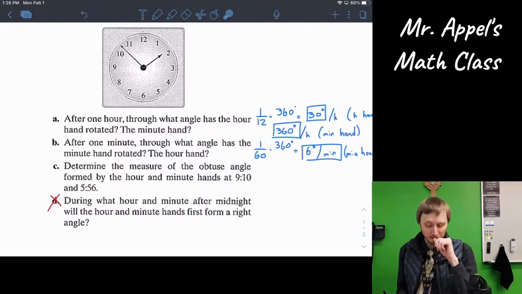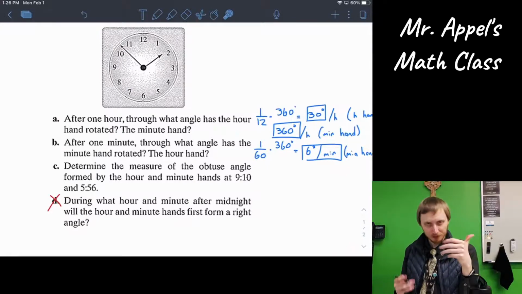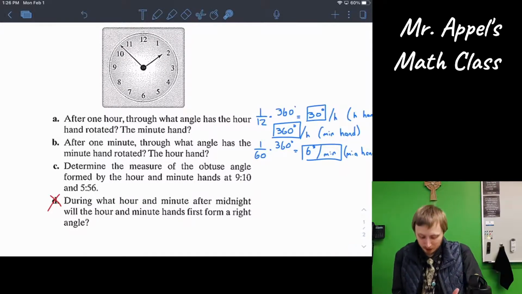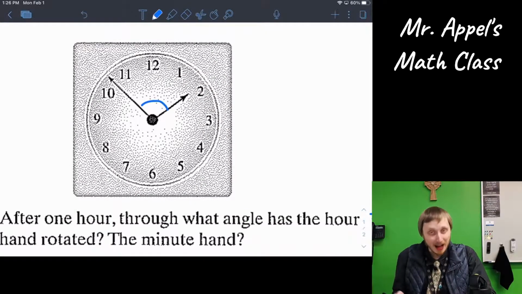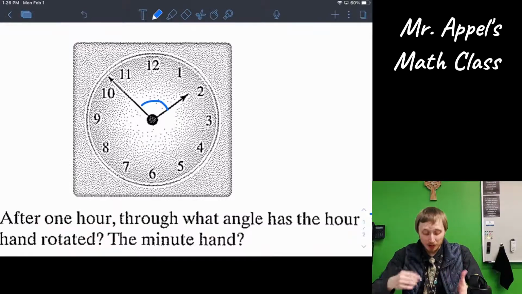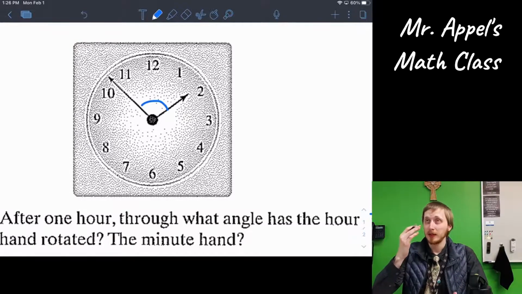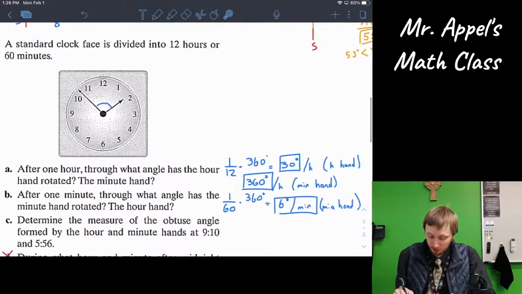So here's what I'm going to do. I want to draw a picture because I want to see this visually, right? The analog clock is a very visual representation. And I'm looking for the angle between the hands, okay? I already know a little something about how the angle compares to the time passed, right? That's what all this was.